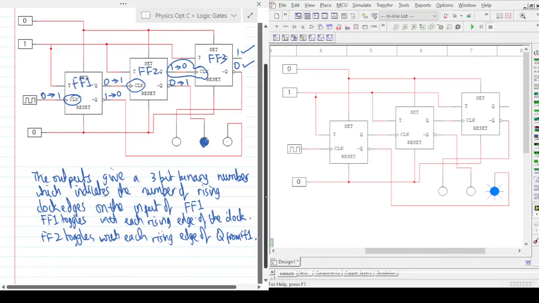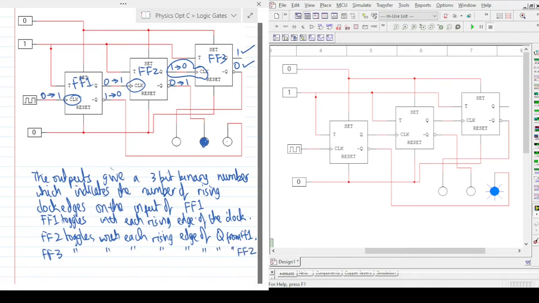Okay, so FF3 toggles with each rising edge of Q from flip-flop 2 itself.